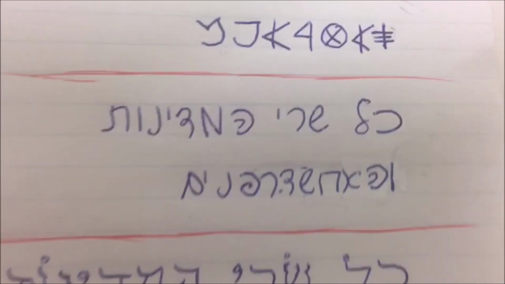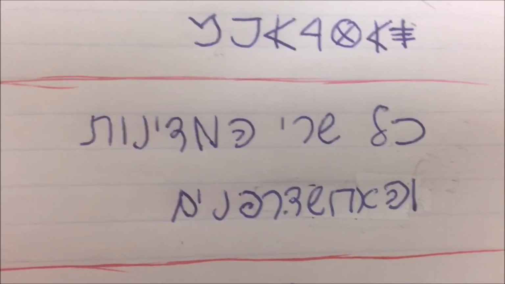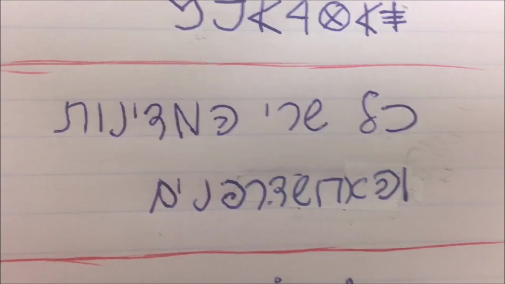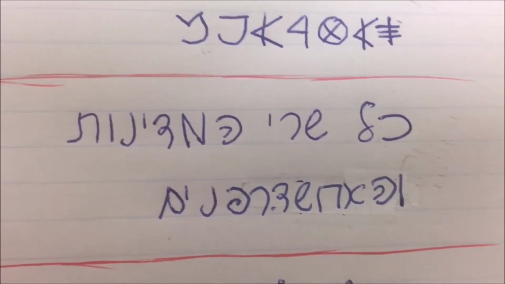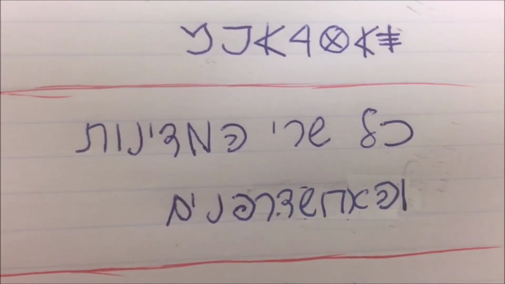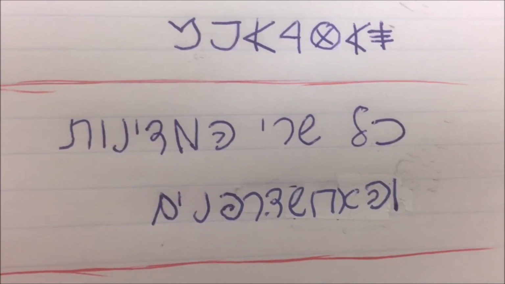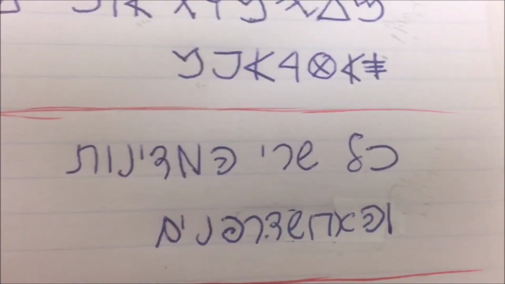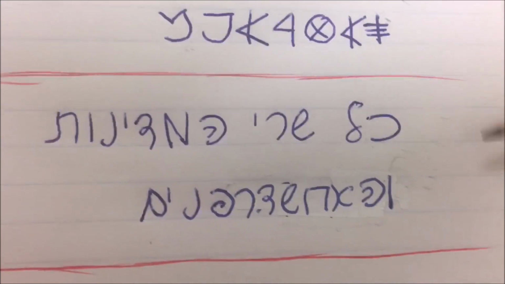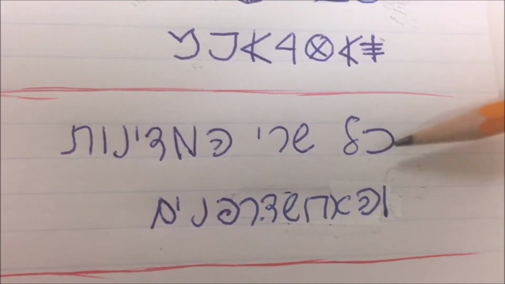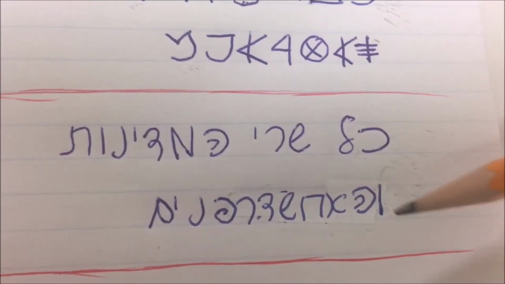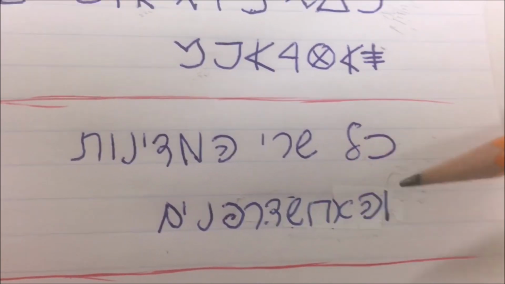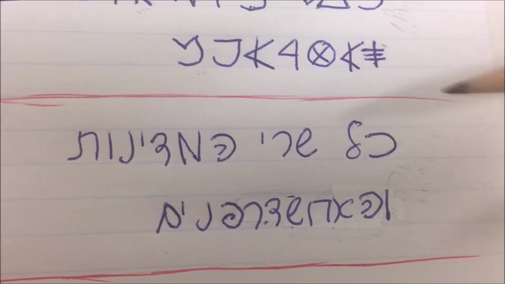Going to the second line in the standard Hebrew cursive, which has medieval origins, but it's become a part of modernity. And Israelis typically write in this script, in this Israeli cursive, Hebrew cursive. This is actually Hebrew, and what it says is Kal Sareh Hamdinot Weha Ahashdarpnim, right?